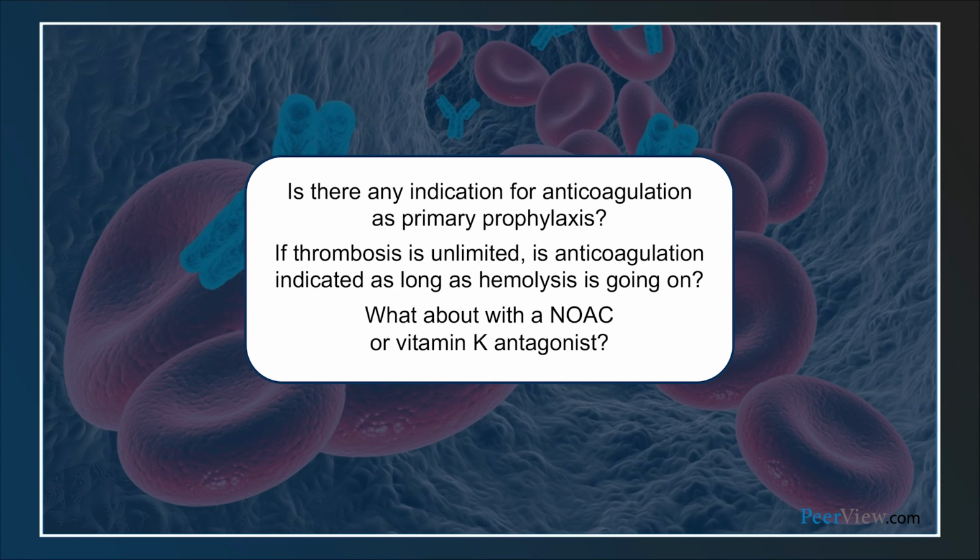There's no data. We do know that if we treat, especially with a complement inhibitor, you shut down the hemostatic activation. So it's another advantage of using something like sutimlimab or pegcetacoplan or eculizumab in these patients, because it'll shut off the hemostatic activation and you won't need to anticoagulate.